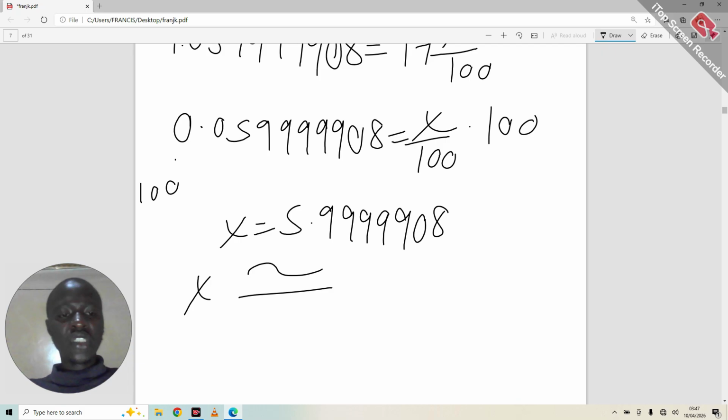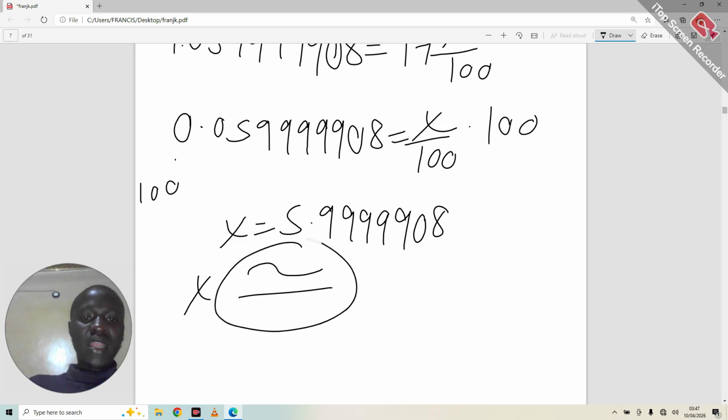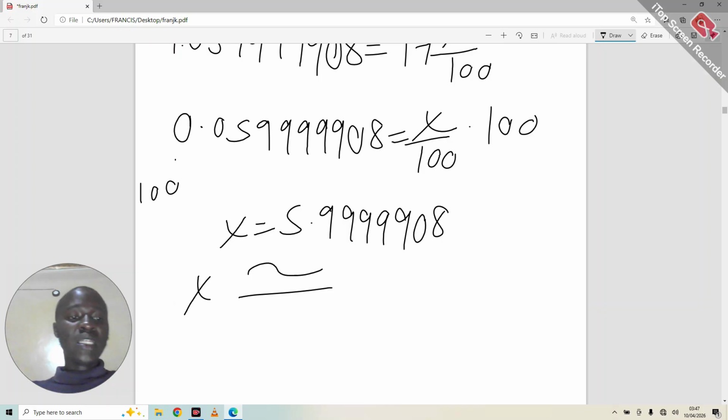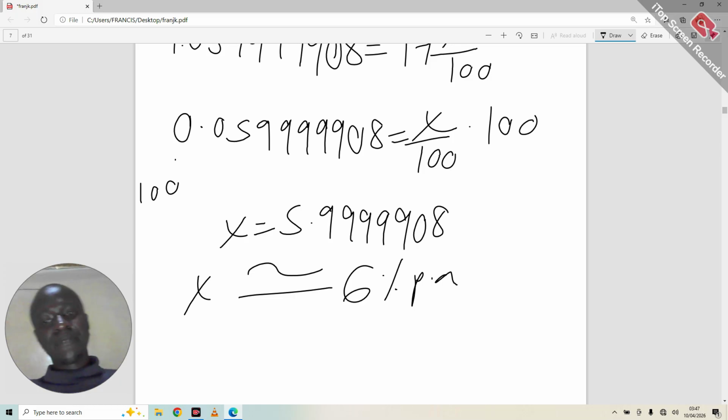This is the approximation symbol. It can be easily approximated to the nearest whole number because of the recurrence. So we have 6% per annum. Having that information, we go back to the question on the side of Omedo now, because we only needed the rate of Nanjala to calculate the principal for Omedo.